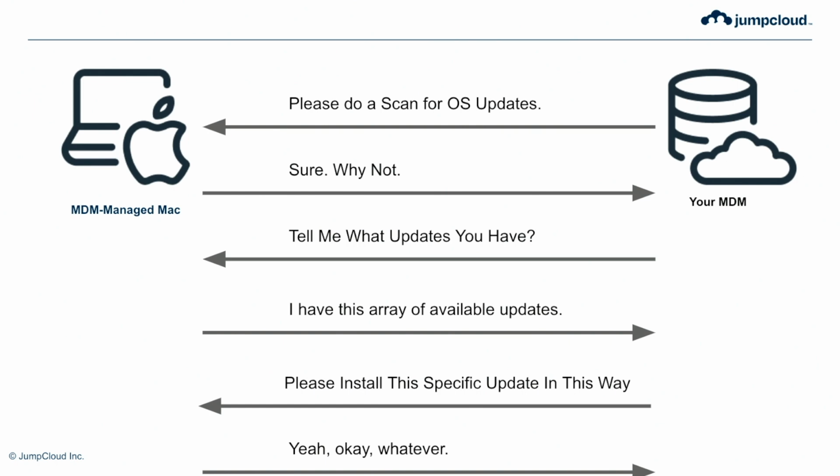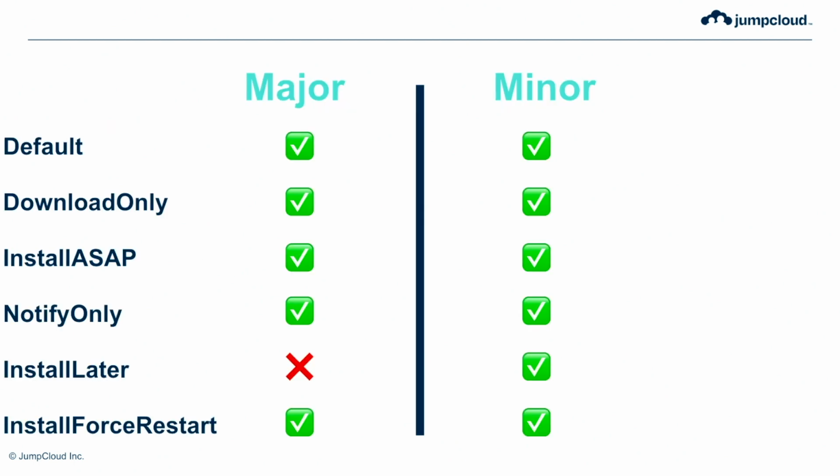You can now tell the device, please install this specific update delivered by a product key or a product version, and install it using the following verb. And then the system will say, yeah, okay, whatever, and we go off on our way. We'll talk a little bit more about the whatever part of that cycle because it's the sharp edges and the corner cases that admins need to deal with.